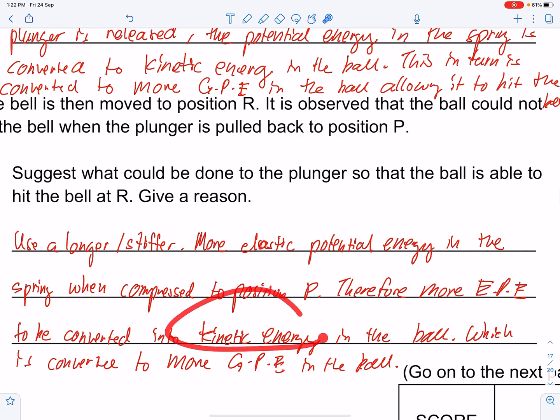Kinetic energy in where? In the ball. Gravitational potential energy in where? In the ball. Same thing as your waterfall question, your electricity generating question. You have to tell me what the energy possessed is by what item. Very important. And the superlative. Can you see more, more, and more?